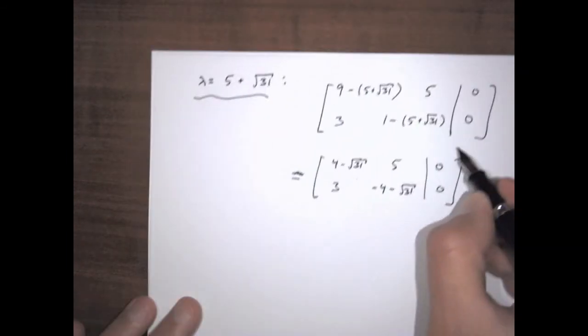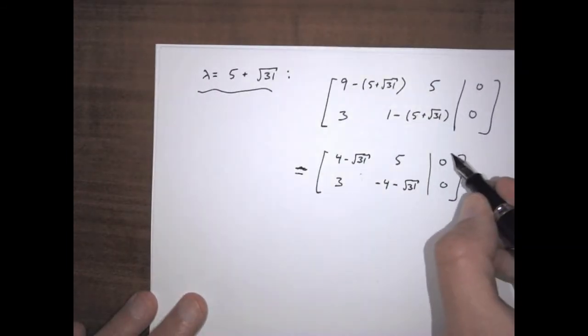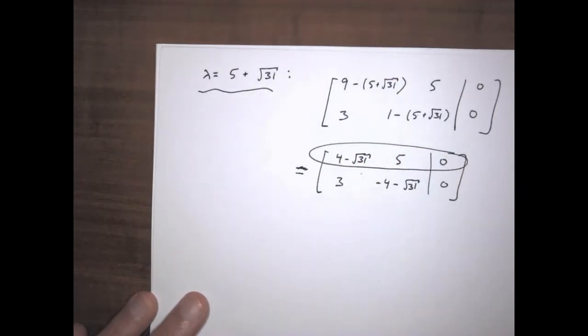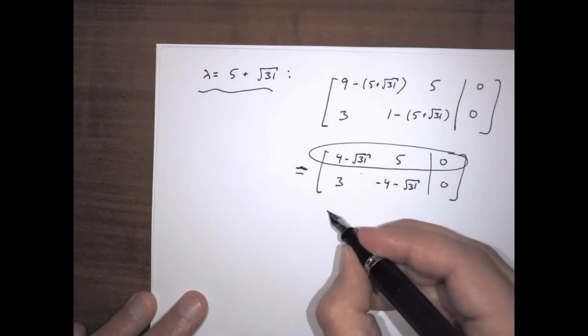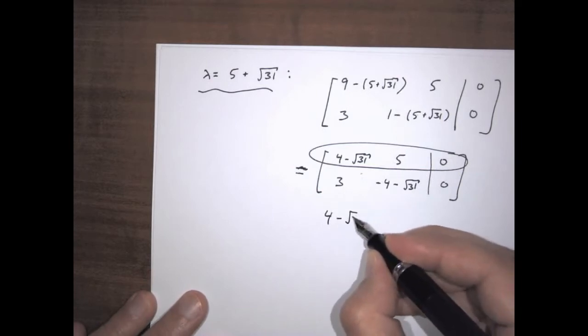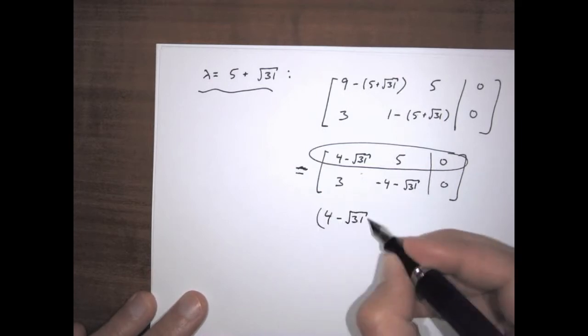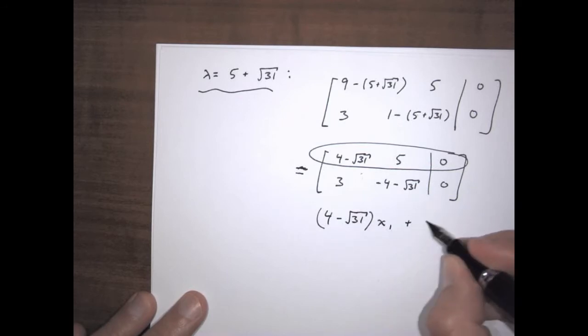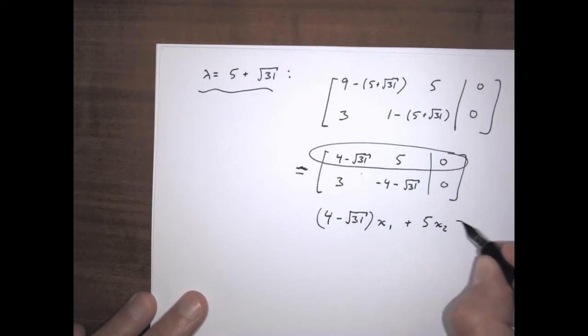And so in particular, let's just say that I take this one. 4 minus root 31 times x1 plus 5 times x2 equals 0.